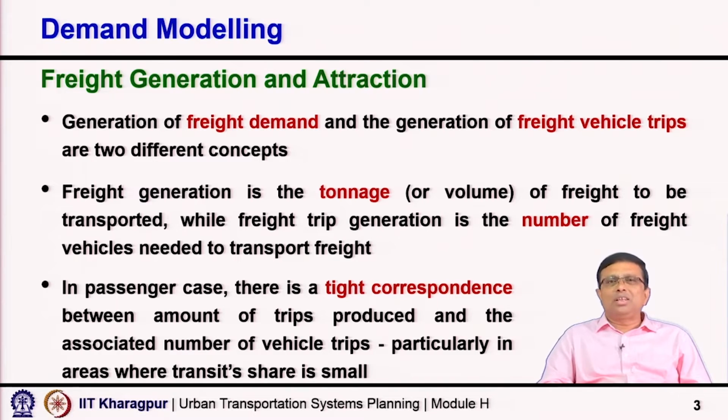So, you can directly get how many people and the corresponding number of cars on the road. But here the freight has unique requirements. Different types of goods have their own transport requirements, and the relationship between the amount of freight in tonnage and the actual number of vehicles is not the same.